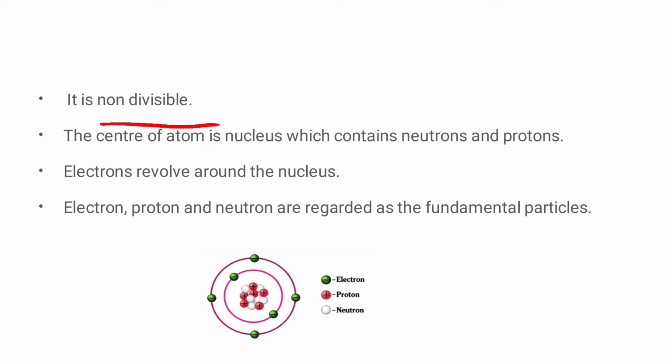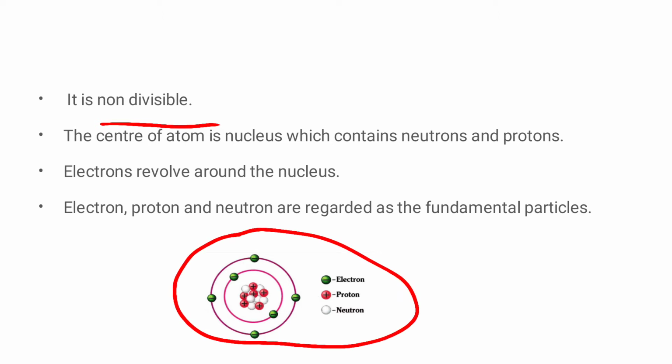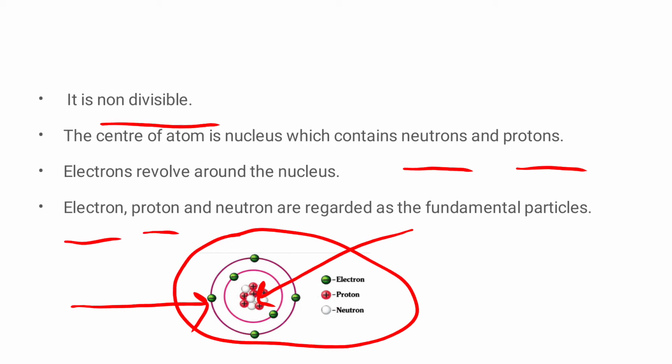For a while, let us imagine the structure of the atom to be like this. Here, the center of the atom is called the nucleus, which contains neutrons and protons. Electrons keep on revolving around the nucleus. Here we come across three particles: electrons, protons, and neutrons.